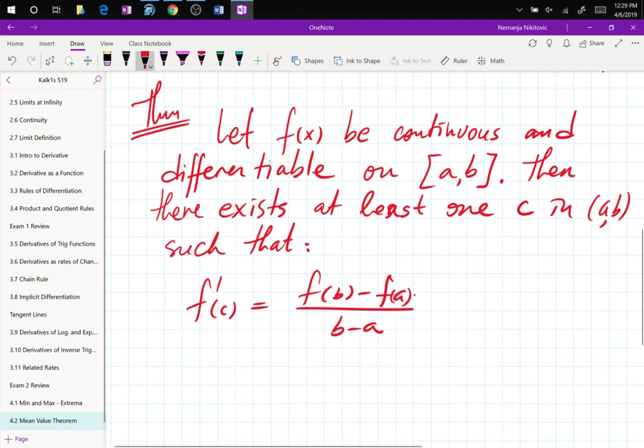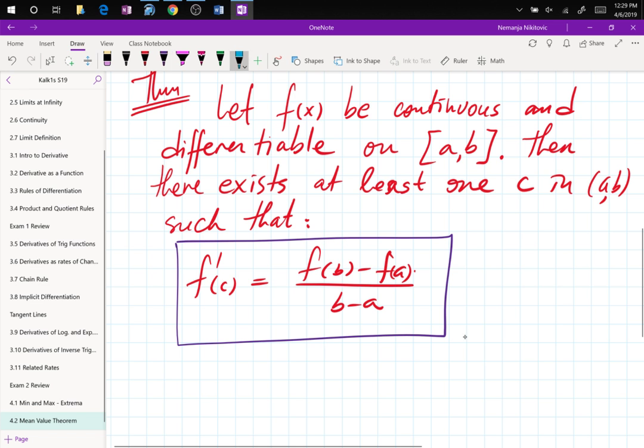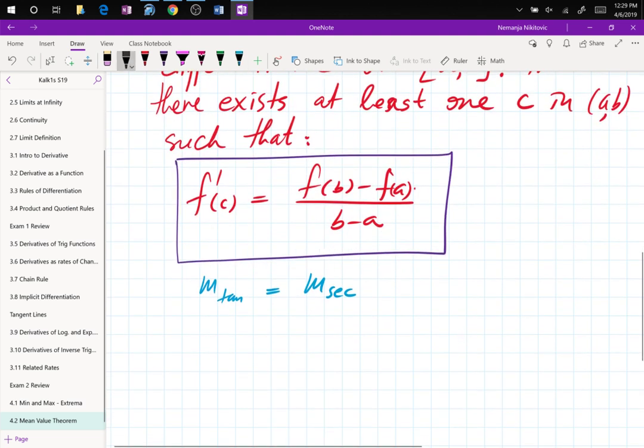This is the formula, and what this formula says is that the slope of the tangent is equal to the slope of the secant line. We can see this on the graph.